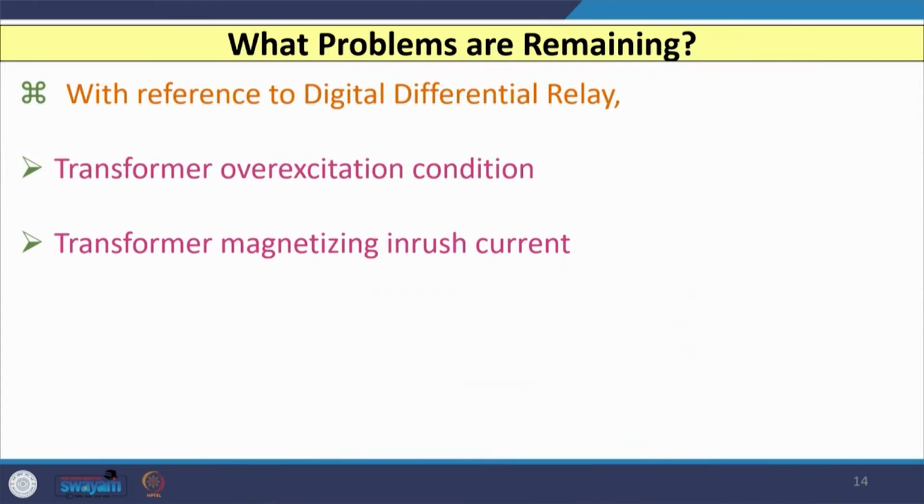Now, what problems are remaining, which we have not discussed with reference to digital or numerical relay, are the transformer over excitation condition, and second, the transformer magnetizing inrush current. This we will discuss in the next class.